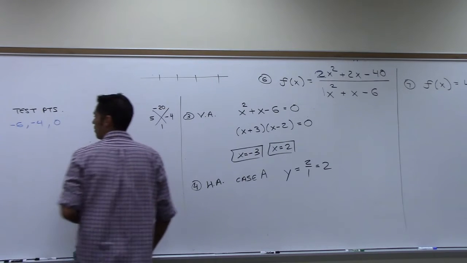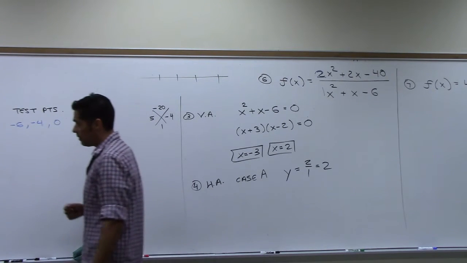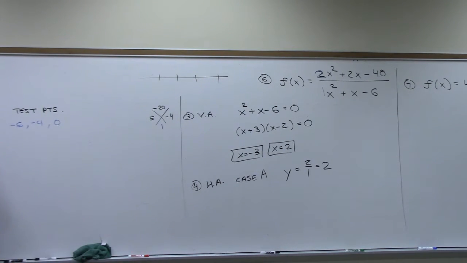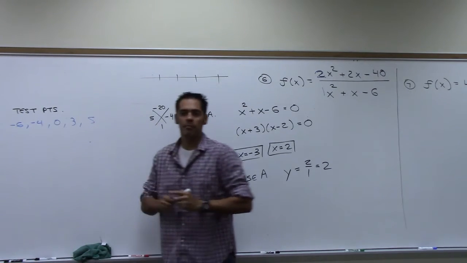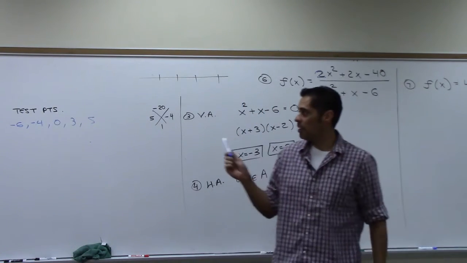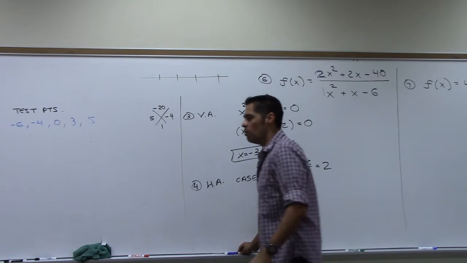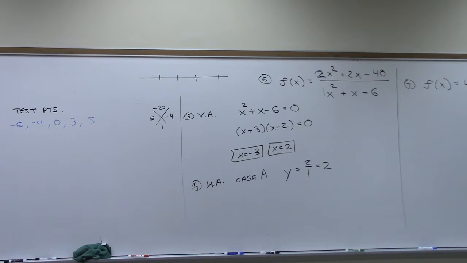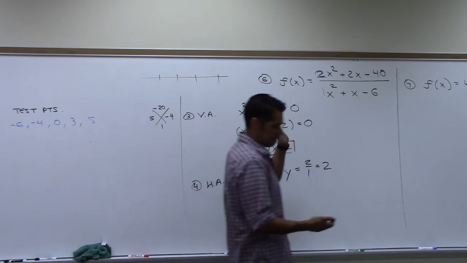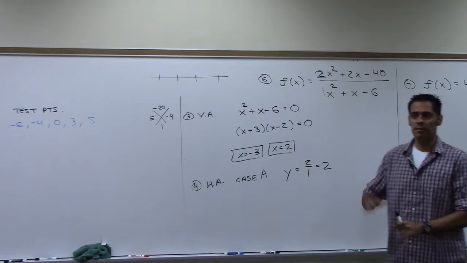I like 0. 0 is usually fun to plug in. 3 will work, and 5. Remember, I'm distinguishing these test points with little x's because I don't want to start putting all these dots in here and get confused when I'm drawing this later.